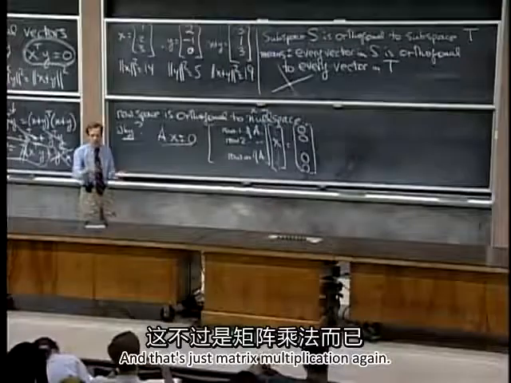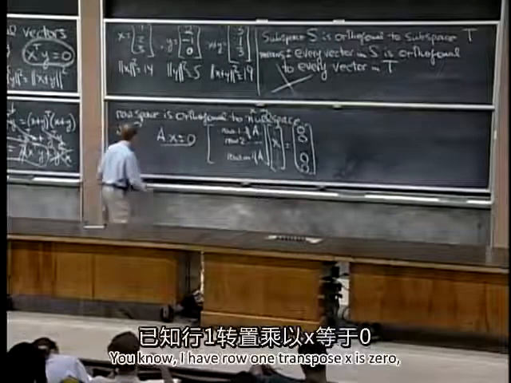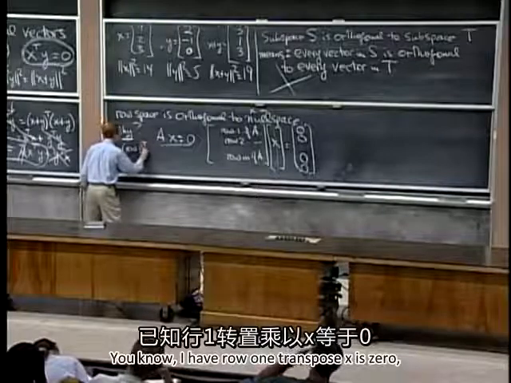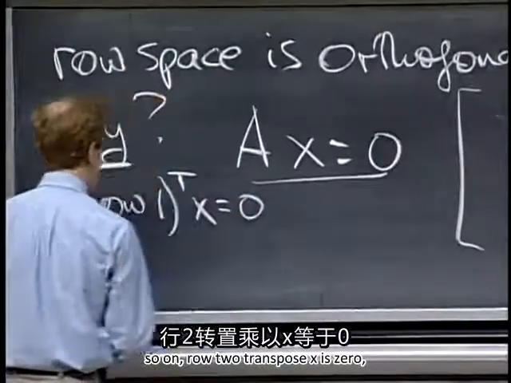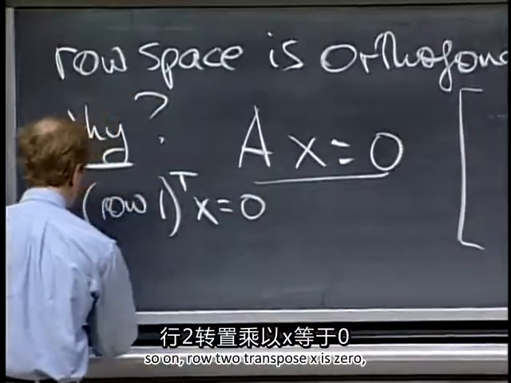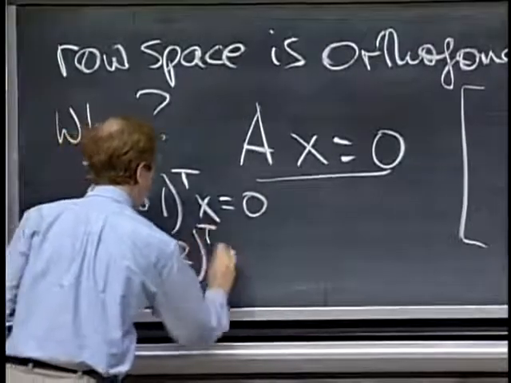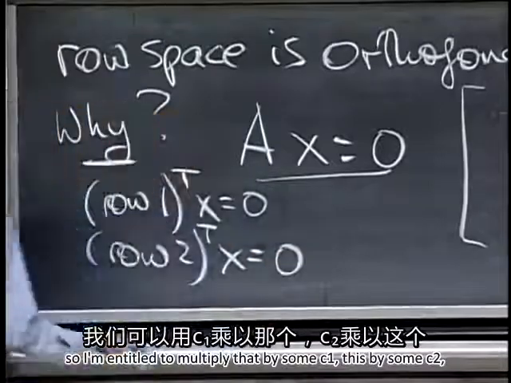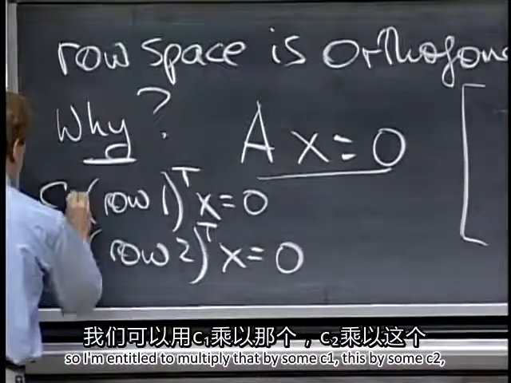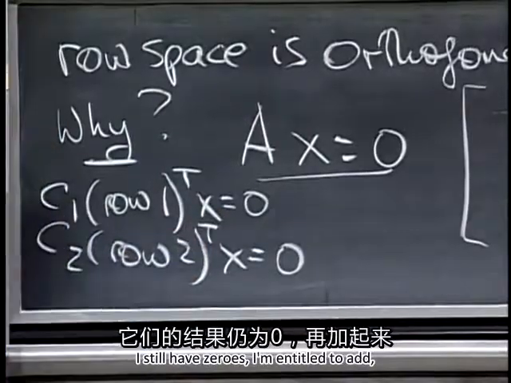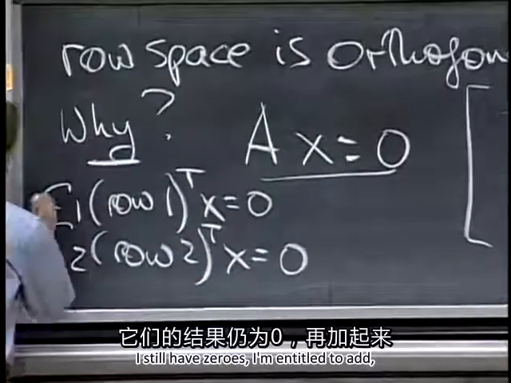And that's just matrix multiplication again. You know, I have row 1 transpose x is 0. So on, row 2 transpose x is 0. So I'm entitled to multiply that by some c1, this by some c2. I still have zeros. I'm entitled to add.